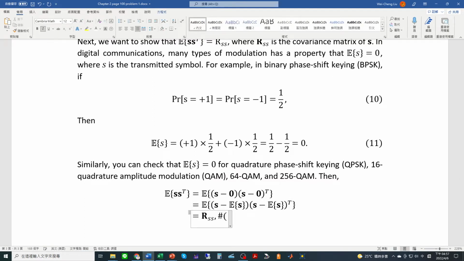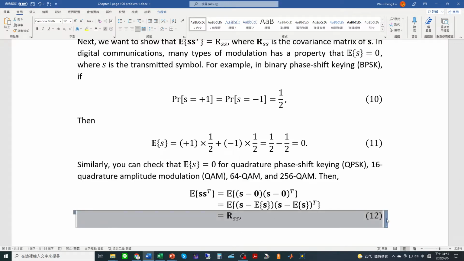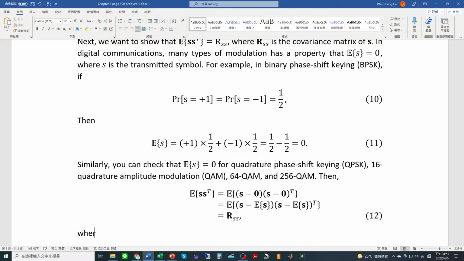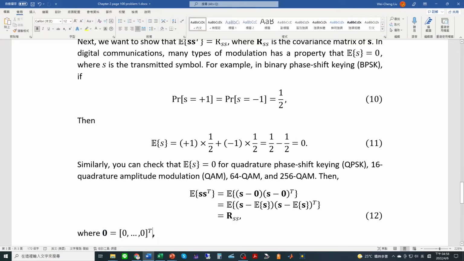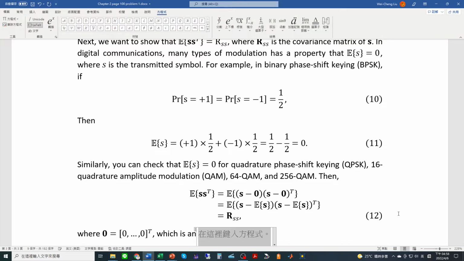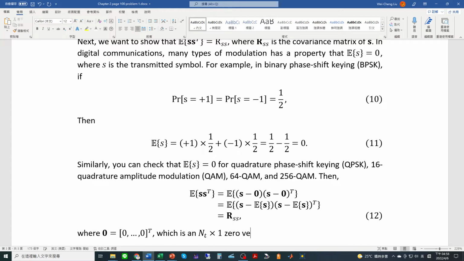So this is equation 12, where the 0 vector is equal to [0, ..., 0] transpose, which is an NT by 1 0 vector.